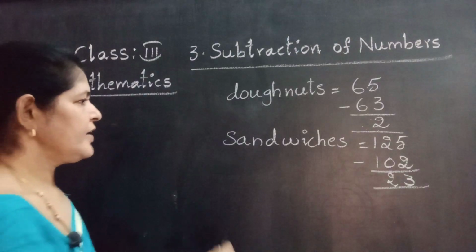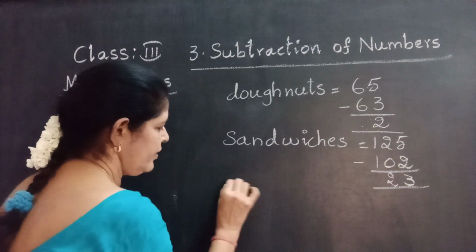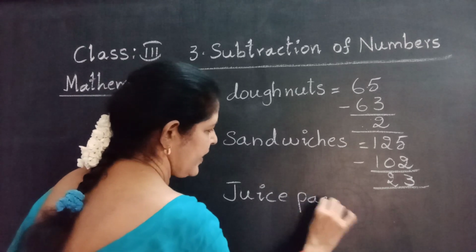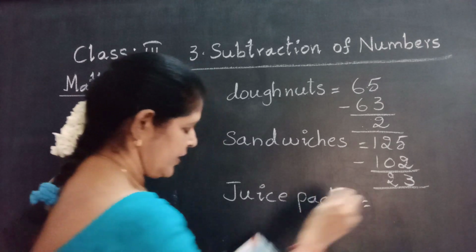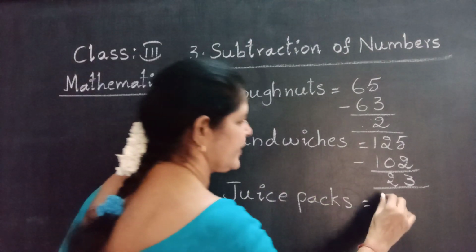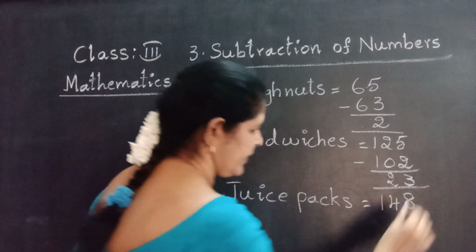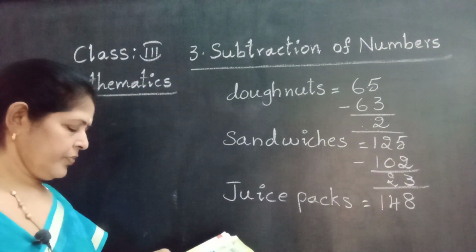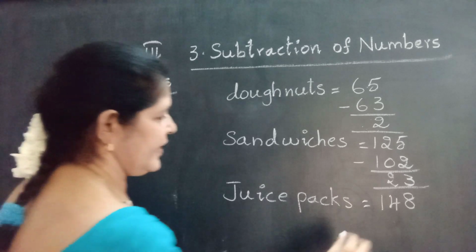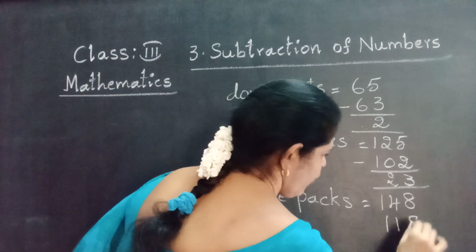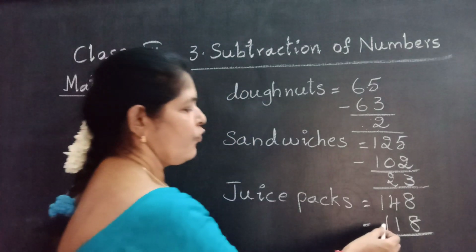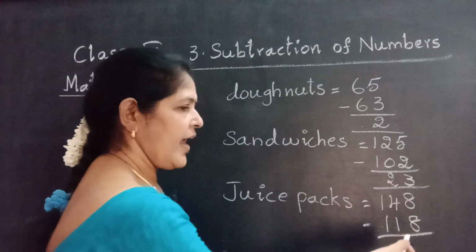Third item goes to juice tetra packs. How many juice packs is she going to order? See the number, 148. How many juice packs are over? 118 packs are over. Then we take away 118 from 148.